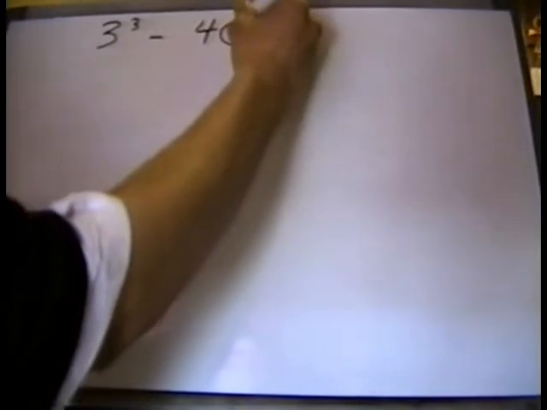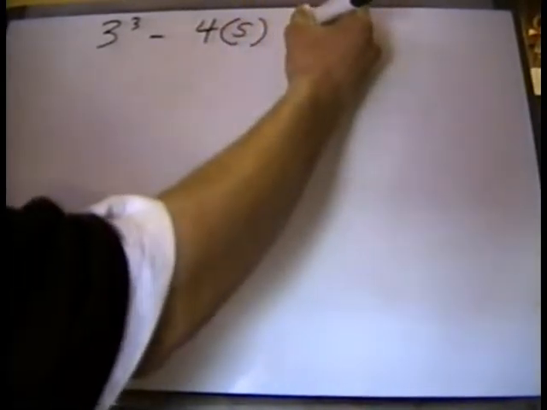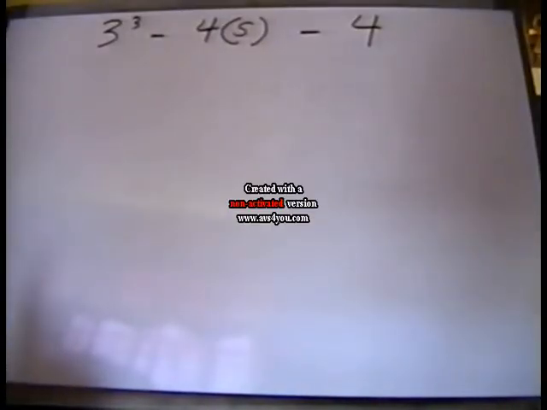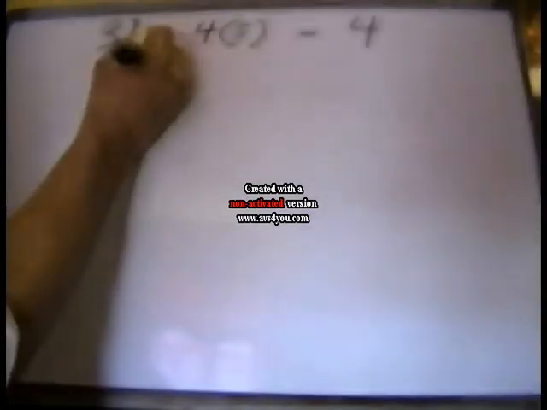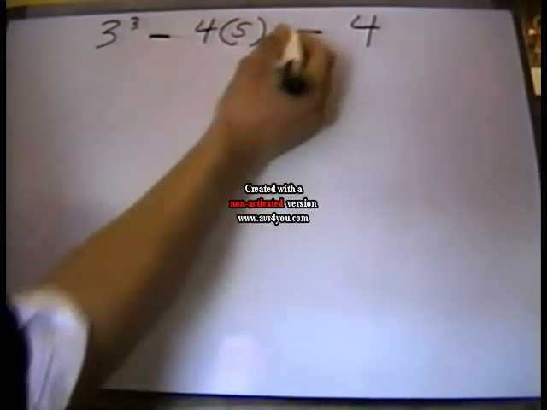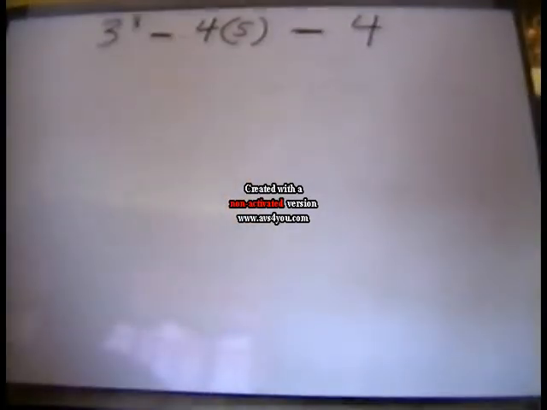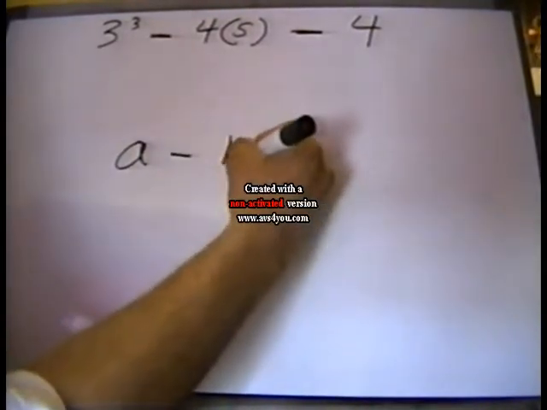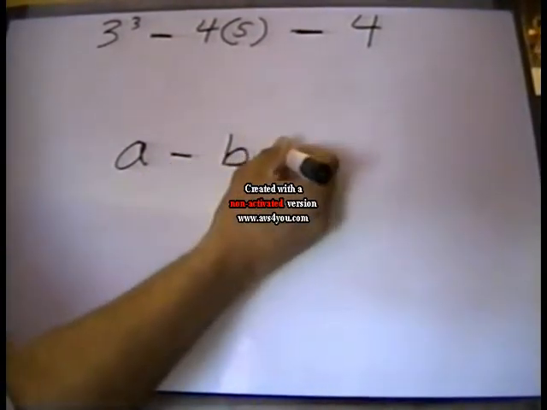Okay, for our next example, we're going to do 3 to the power of 3 minus 4 times 5 minus 4. I'd like to point out that you should get my Algebra 1 video, where I pointed out that anytime you have a numerical expression in this form, it can be rewritten in algebra.